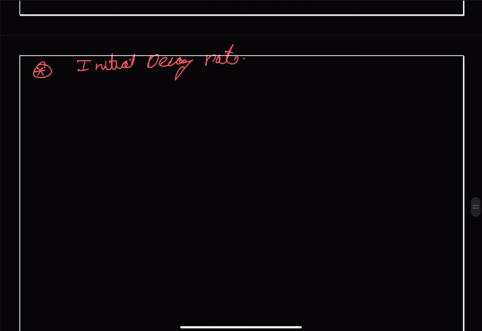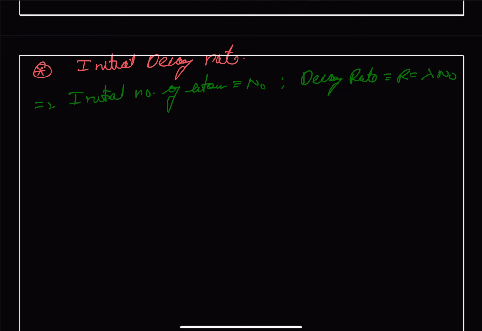So we can assume that the initial number of atoms in both cases is N naught. Therefore the decay rate, R, can be written as lambda times N naught. That is a general formula.